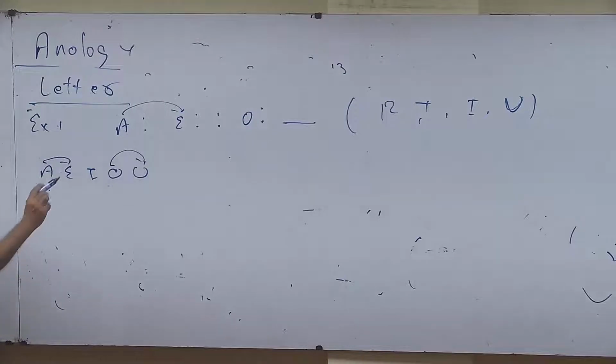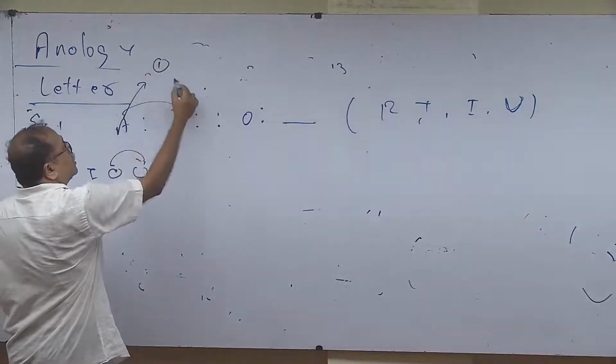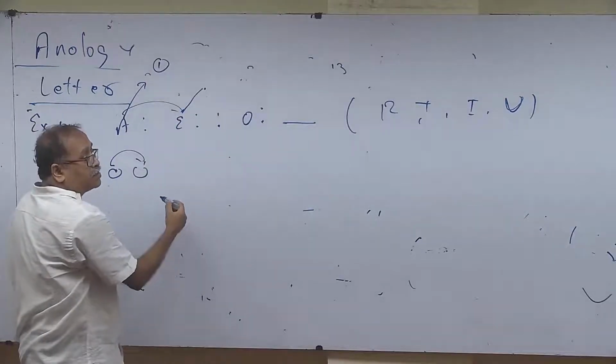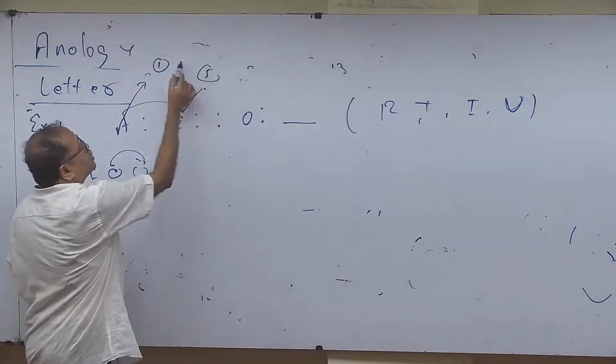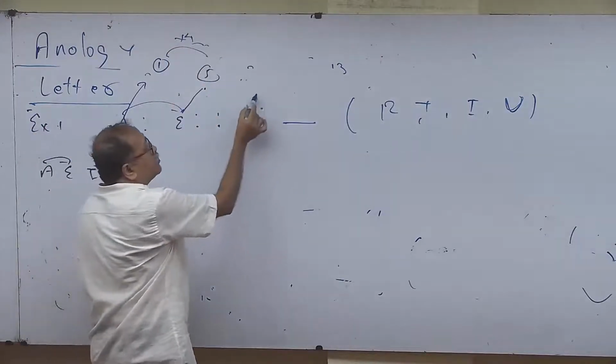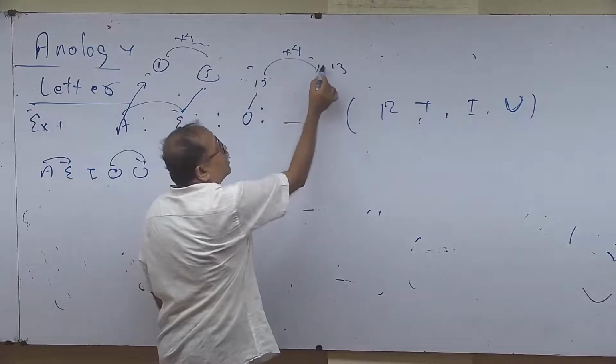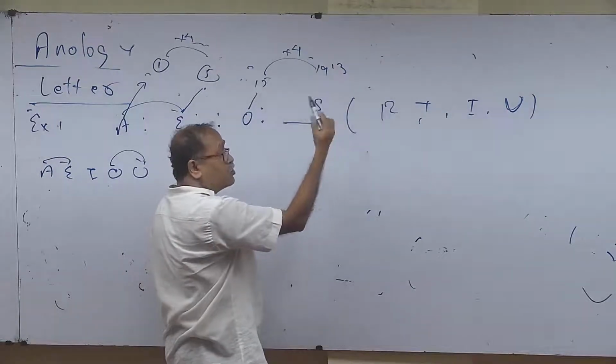Sometimes they may not give those options, and then you will find that this position number is 1 and this position number is 5, so from here to here is plus 4. Here O is 15, so 15 plus 4 is 19. Then S could be your answer.